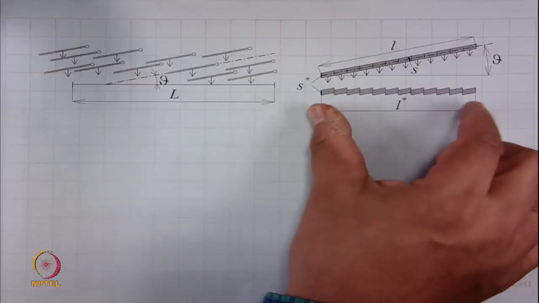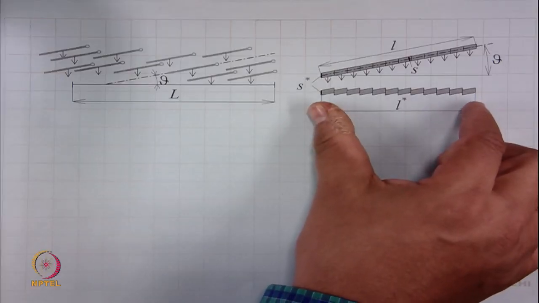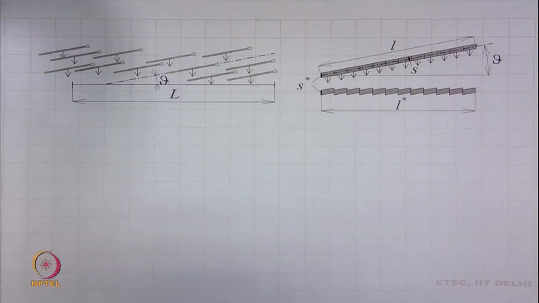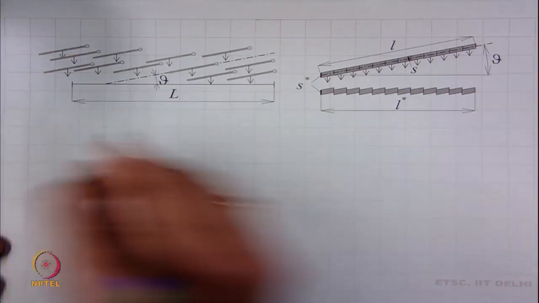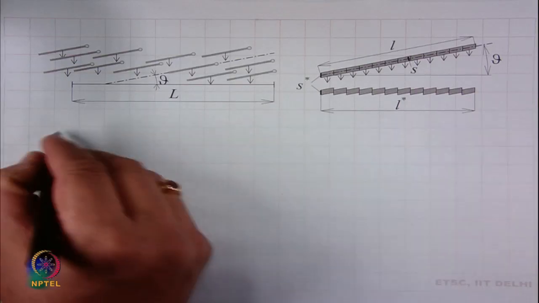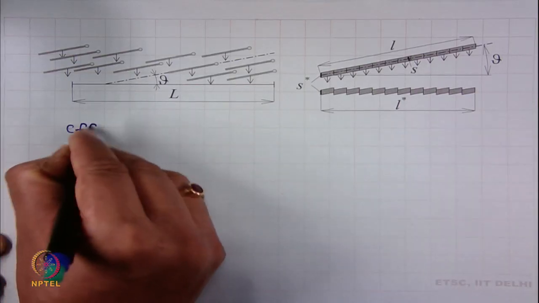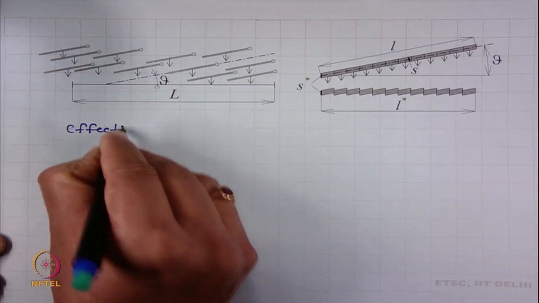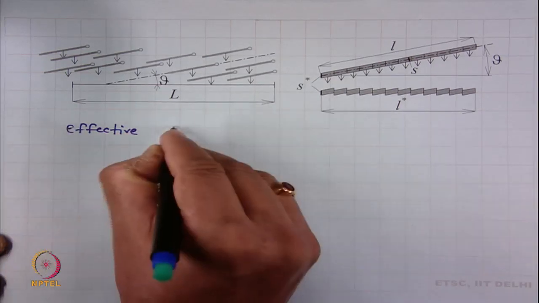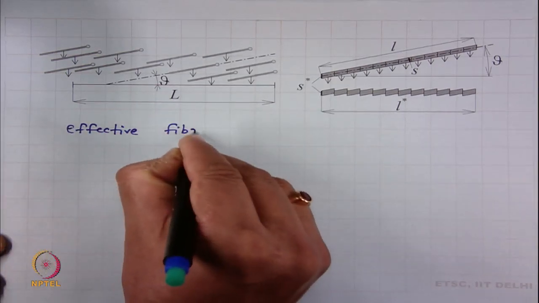So, we obtain a fiber, obviously an imaginary fiber. So, this is called as effective fiber. As a result, we obtain an effective fiber.